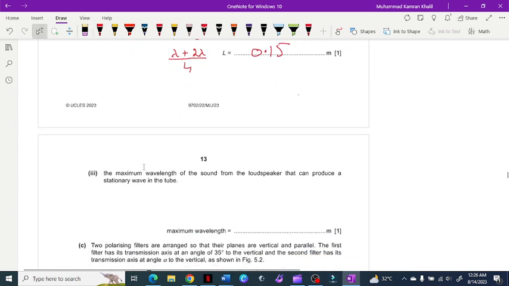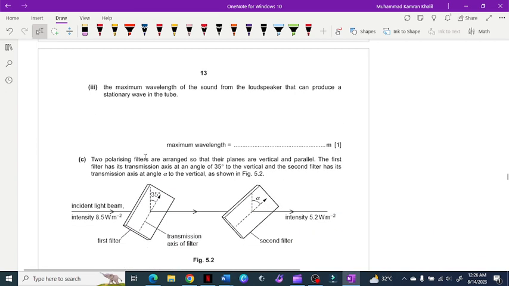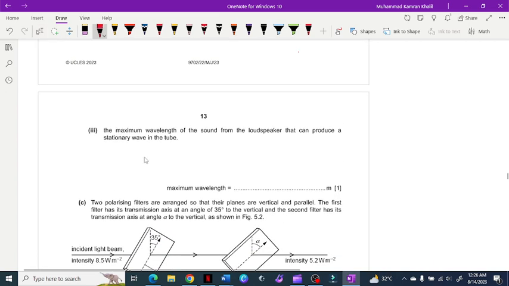So the maximum wavelength of the sound from the speaker that can be produced by a stationary wave in the tube. So now what we will do, we will redraw the diagram.